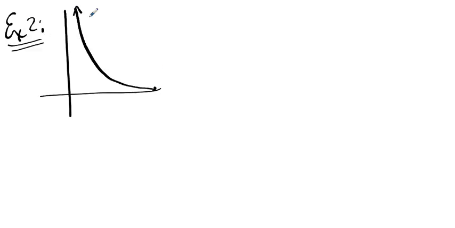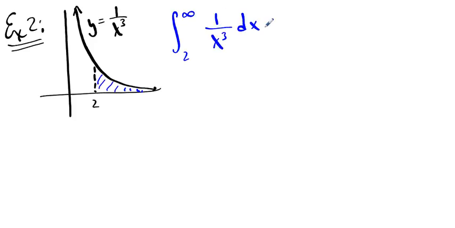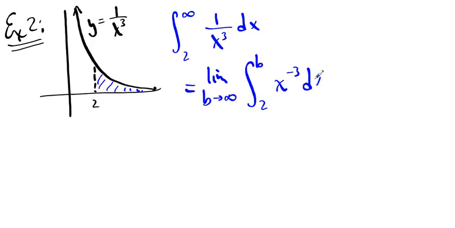Consider the following. This is 1 over x cubed. What if we're finding the integral from 2 to infinity of 1 over x cubed? Well, that's the limit as b approaches infinity of the integral from 2 to b of x to the negative 3 dx. And we know how to find that.